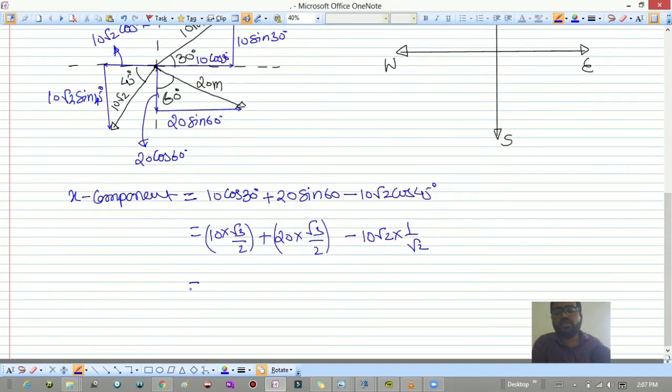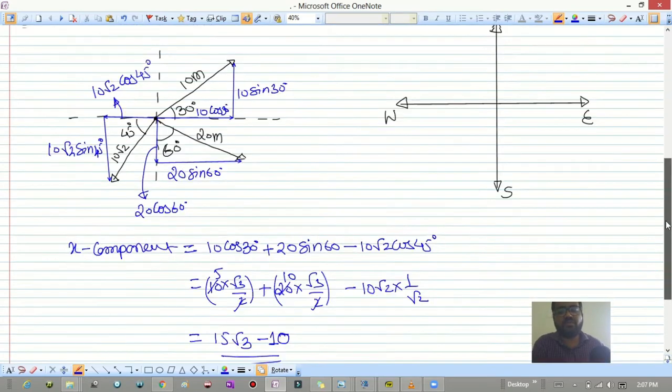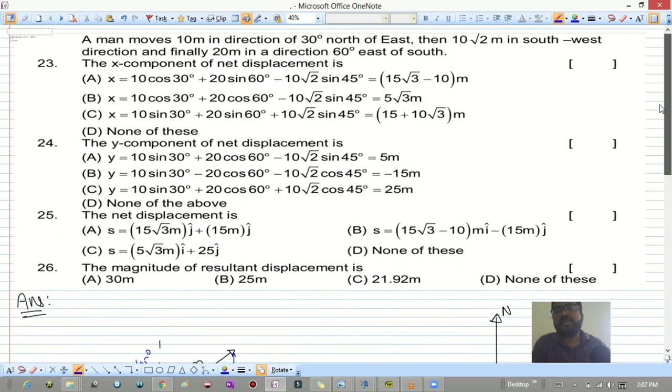So if you just solve this, you will get this is 5, this is 10, so it will become 15 root 3, minus root 2 gets cancelled, 10. So this is the x component which we have, 15 root 3 minus 10. As you can see over here, 15 root 3 minus 10 is given in A option. So this is the correct option we have.